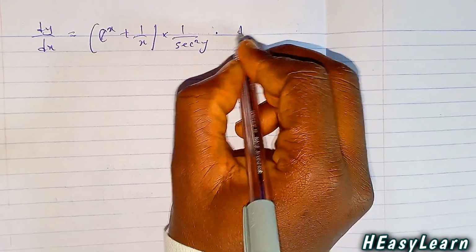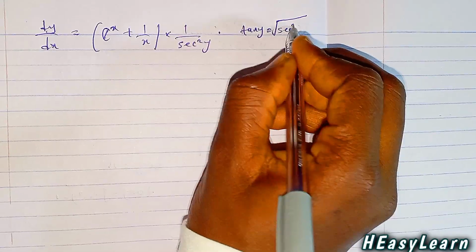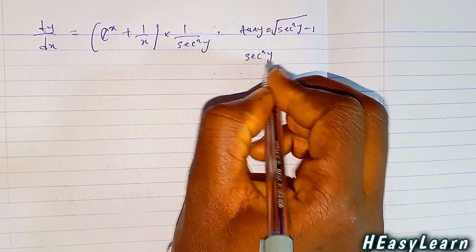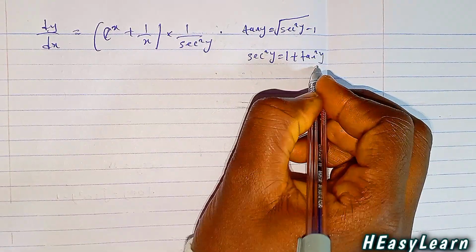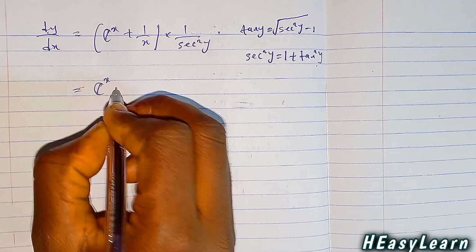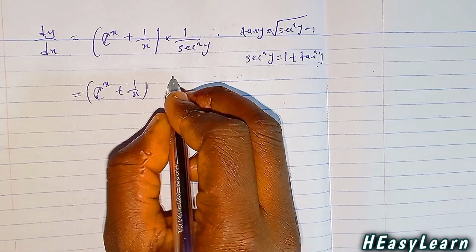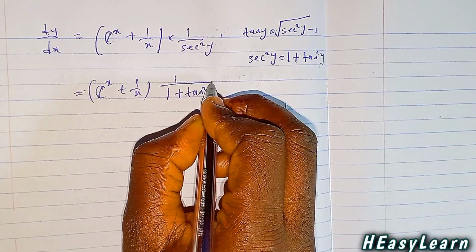From the trig identity, sec square y is equal to 1 plus tan square y. So sec square y is equal to 1 plus tan square y, and 1 over sec square y is 1 over 1 plus tan square y.